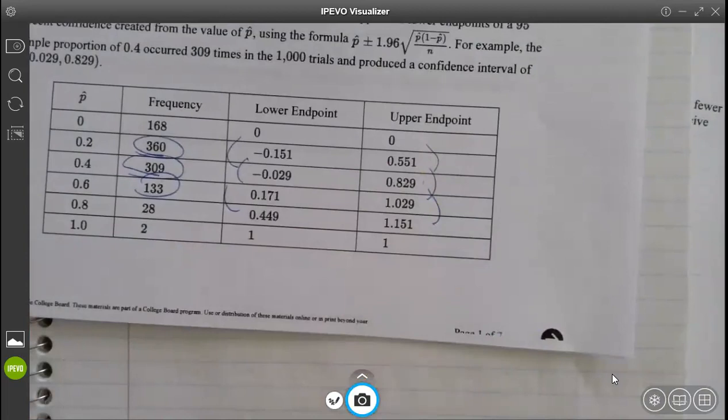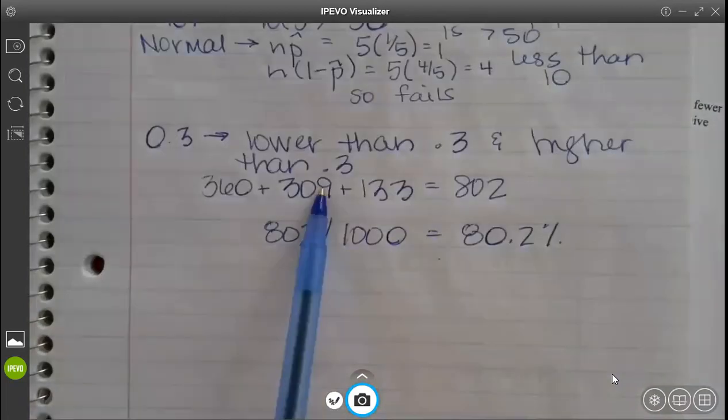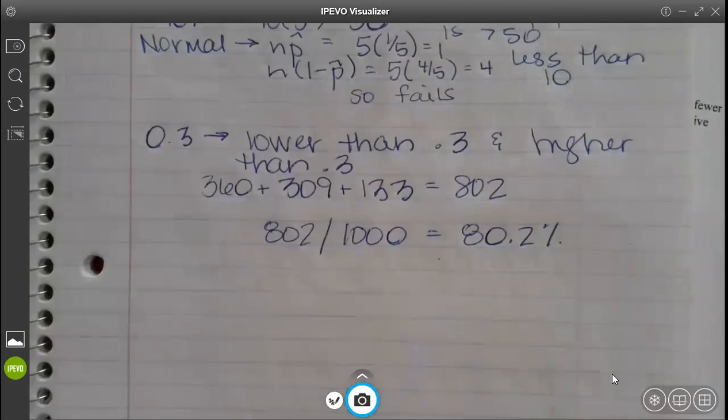You provide an answer of 80.2 and then include justification by referencing the appropriate values of p hat 0.2, 0.4, 0.6 explicitly or with clear reference to the table listing the actual intervals. So if you had 360, 309, and 133, that's your justification.